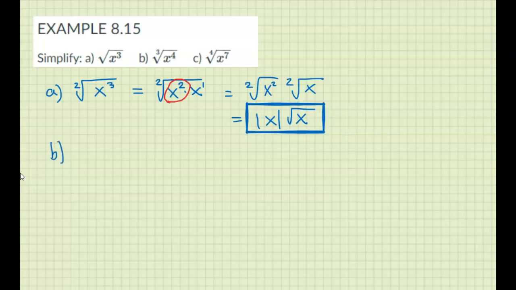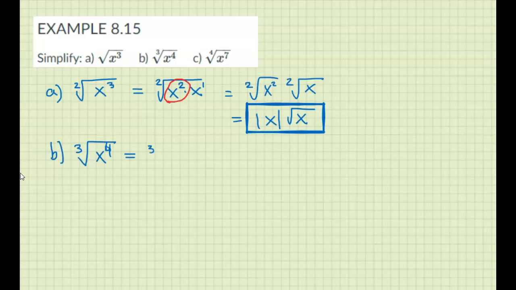All right, let's look at b. So, the cube root of x to the 4. 4 doesn't divide exactly by 3, so it's not a perfect cube. So we want to rewrite this, splitting up the x's into two exponents, something that divides by 3, and then any leftover.